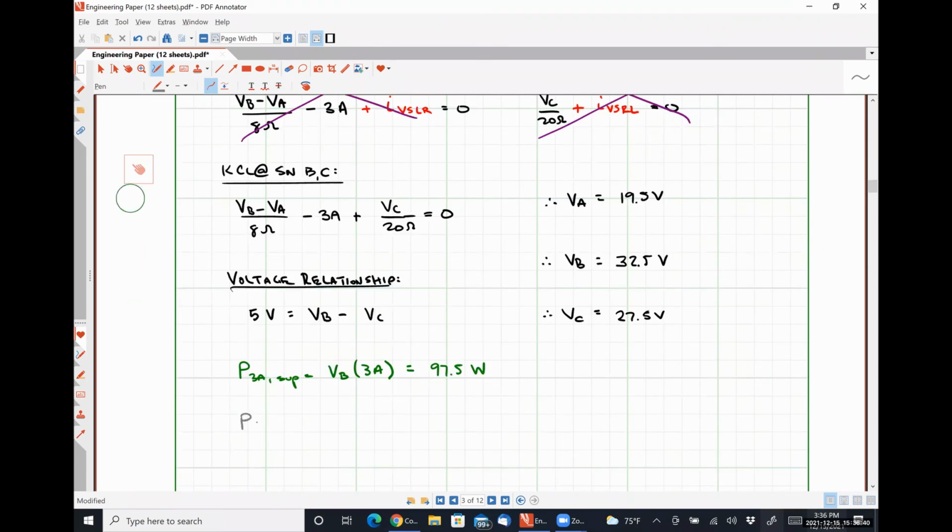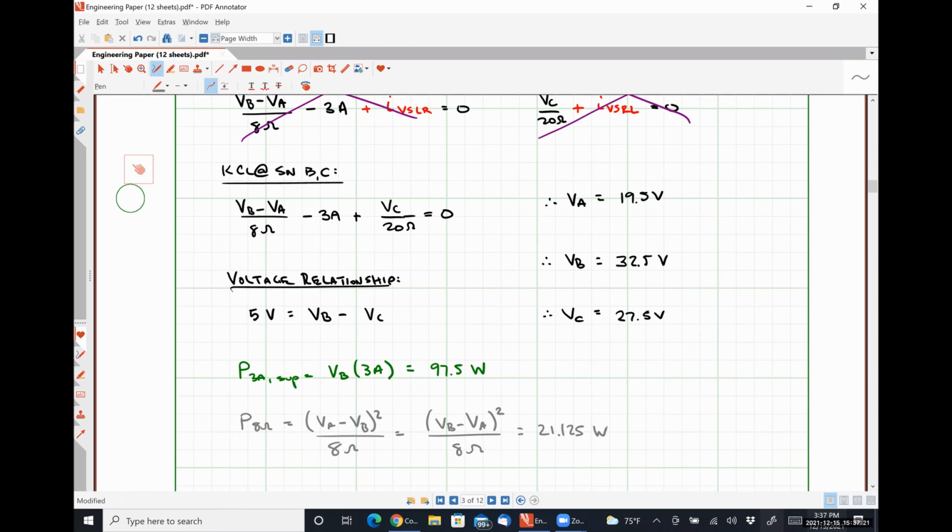So P 8 ohms is VA minus VB squared divided by 8 ohms, which is going to be identical to VB minus VA quantity squared over 8 ohms, which looks like 21.125 watts of power absorbed. Okay, so everybody okay with this?